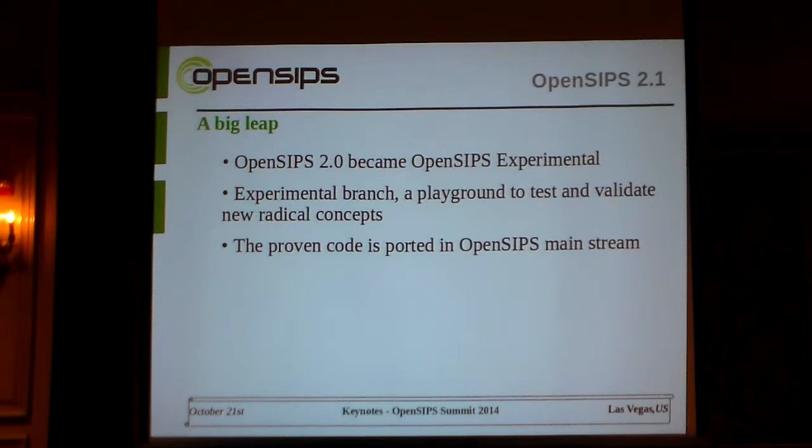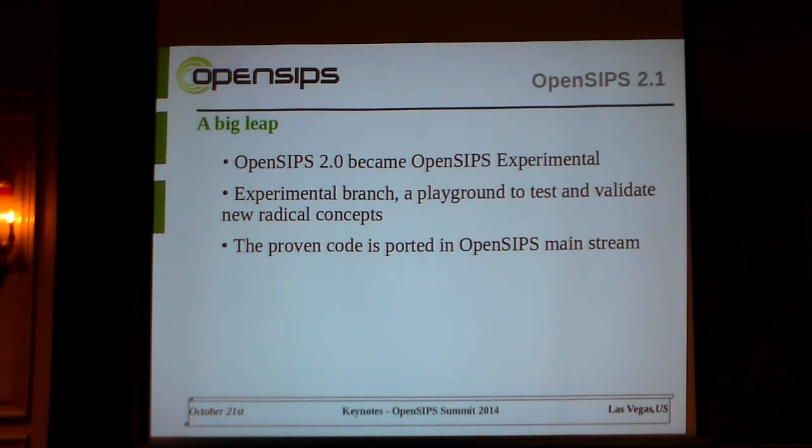And we have this new design in the OpenSIPS experimental code. It's a kind of playground where we test and validate different kinds of concepts. And when they are approved, they are ported into the OpenSIPS mainstream, basically into what ends up in the stable releases.